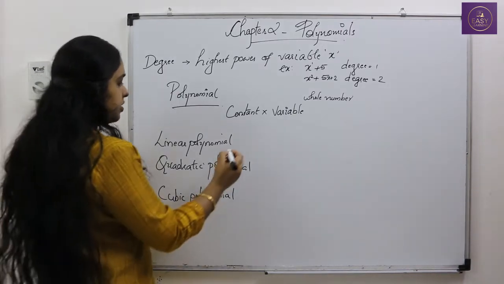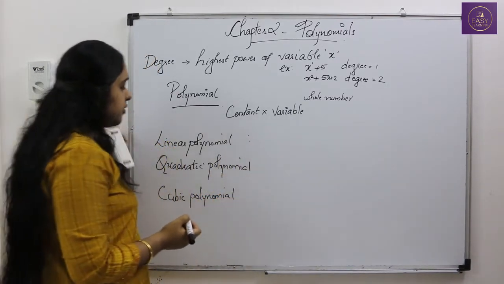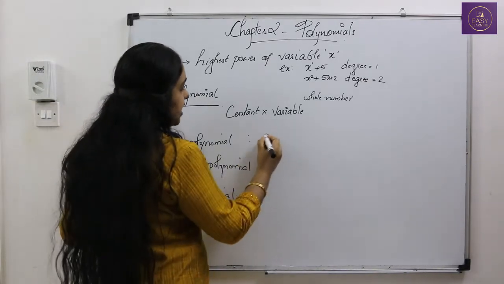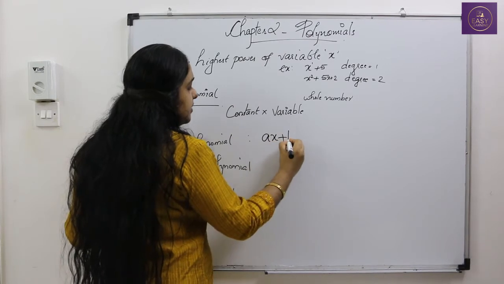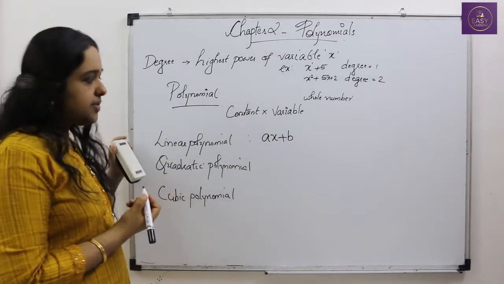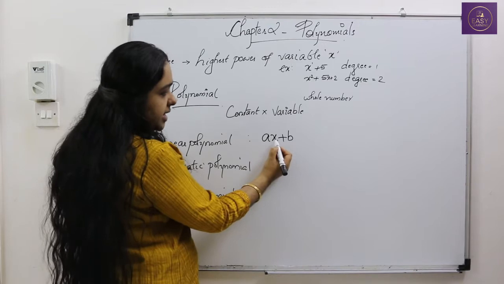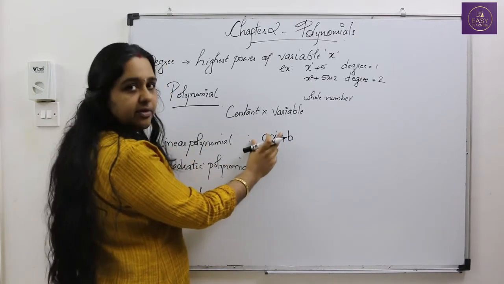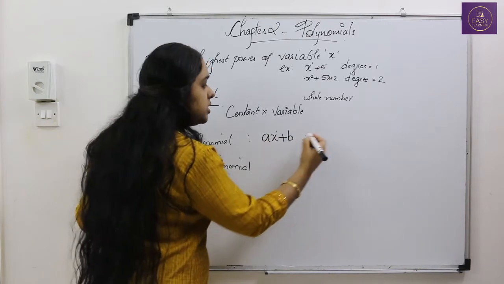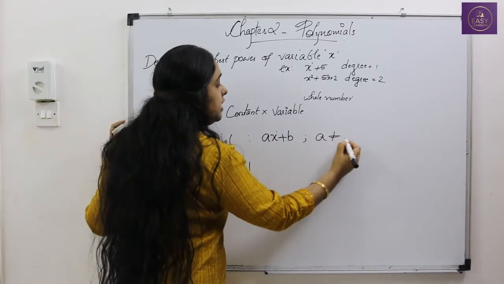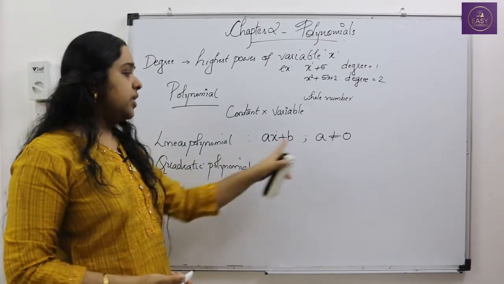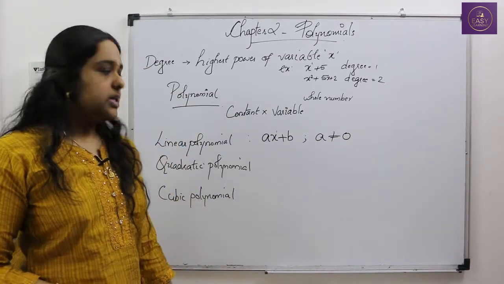Okay, so we'll write the general form of these polynomials. Linear polynomial, in general we can write it is of the form ax plus b. What is the power of x in this? It is 1. So linear polynomials are polynomials with degree 1. Also, a should not be equal to 0.